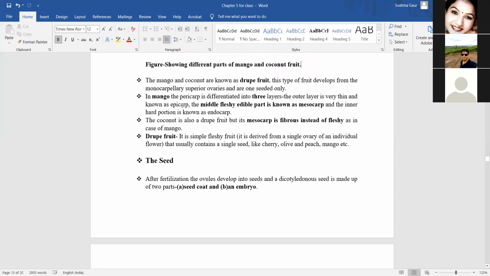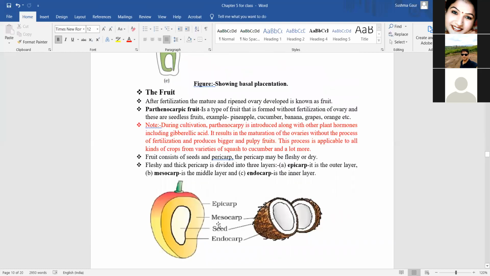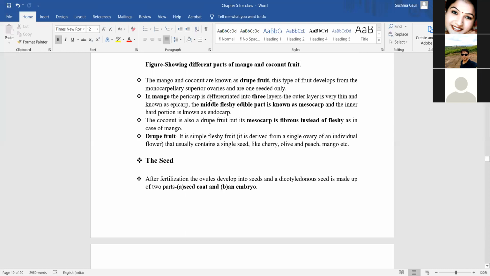So in case of mango, the pericarp, that is which structure, pericarp? Oh, I have skipped this thing. Okay. Epicarp is the outer layer, mesocarp is the middle, and endocarp is the inner, I have taught you. In case of mango, the pericarp is differentiated into three layers.